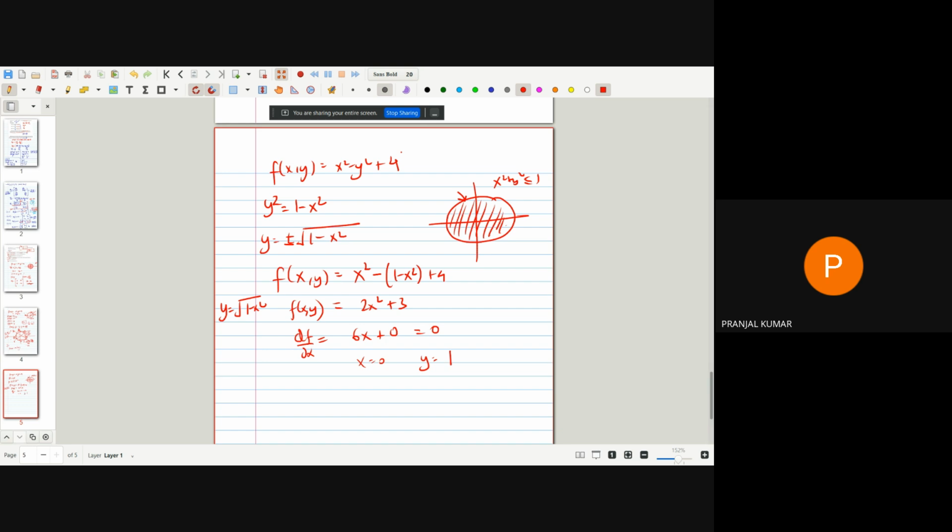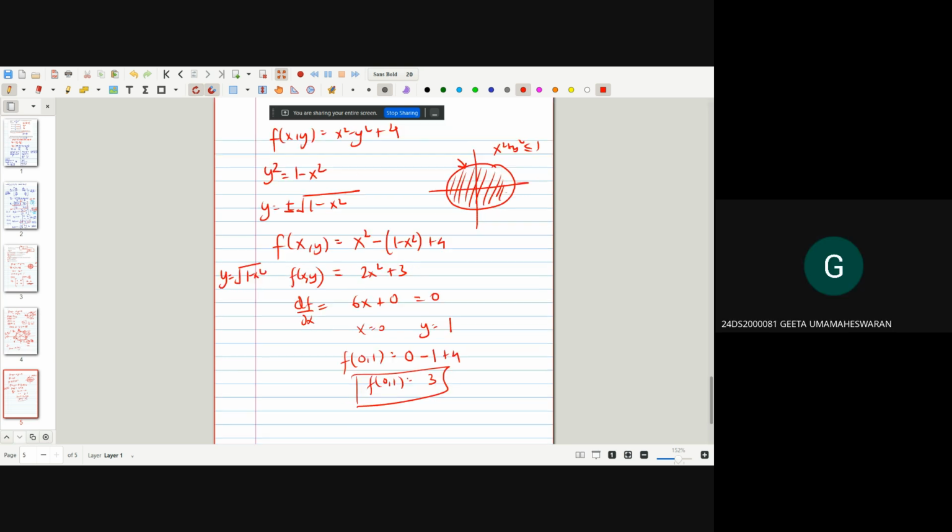Then what is the function value at 0 comma 1? So you are getting f of 0 comma 1 is equal to 3.